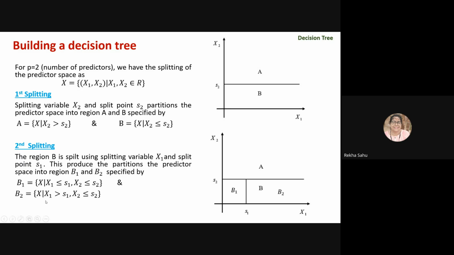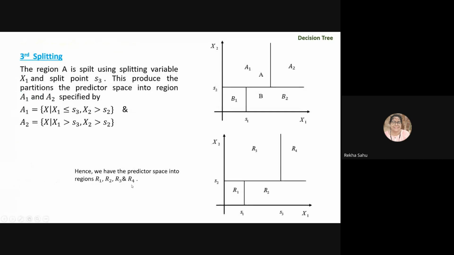Then we'll consider another attribute, X1. So when you consider X1, you will find that for the B region, when X1 is less than S1, it belongs to B1. When it is greater than S1, it belongs to B2. So how do you find this?